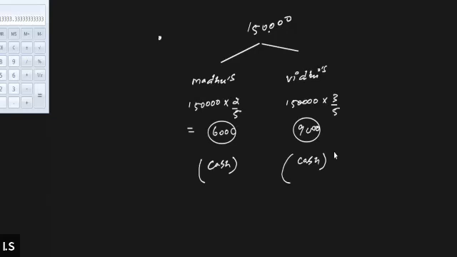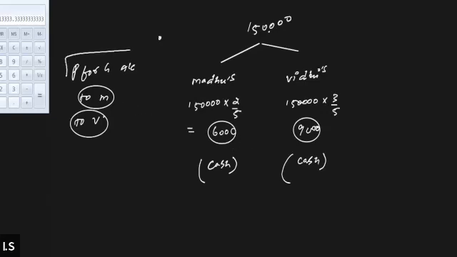What is the general entry for the distribution of goodwill among the partners? What is the general entry? Sir, premium for goodwill account debit to Madhu and Vidhi. Right? That means we'll go to the partners capital account. On the credit side, we'll write 60,000 and 90,000 in the Madhu and Vidhi's accounts by the name of premium for goodwill. Is that clear? Yes, sir.